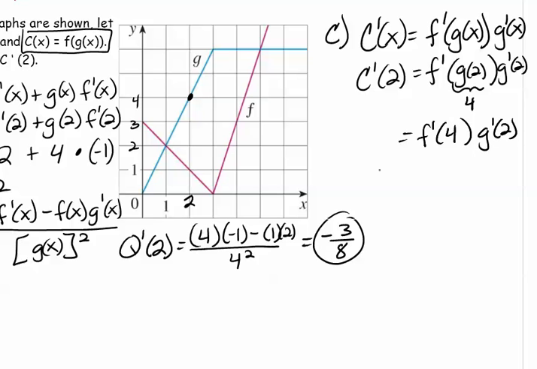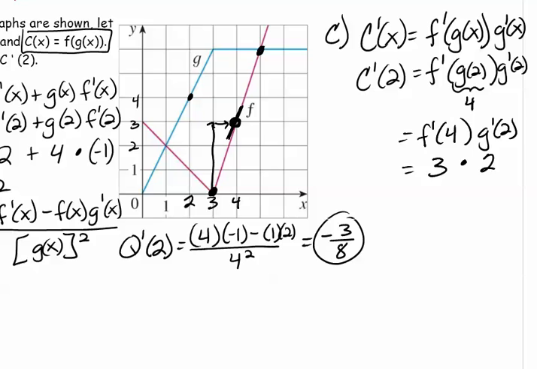So f prime of 4, we haven't done that one yet. 2, 3, 4. So we're looking for the slope right here. So from a grid point to a grid point, oh, here's a grid point, sorry, up 3 over 1. So it looks like we have a slope, a rise over run of 3. And g prime of 2, we had already done that one.